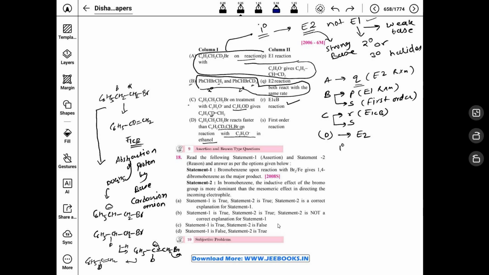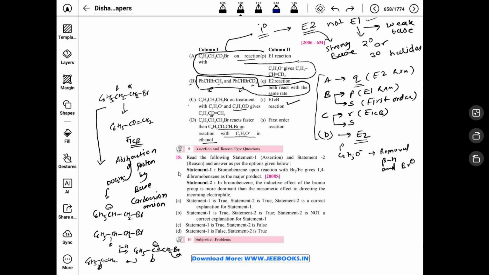Second reason, ethoxide is a strong base. Therefore, it will lead to the removal of the beta hydrogen and the halide at the same time. Therefore, D is also following the E2 mechanism. So this is the correct matching.